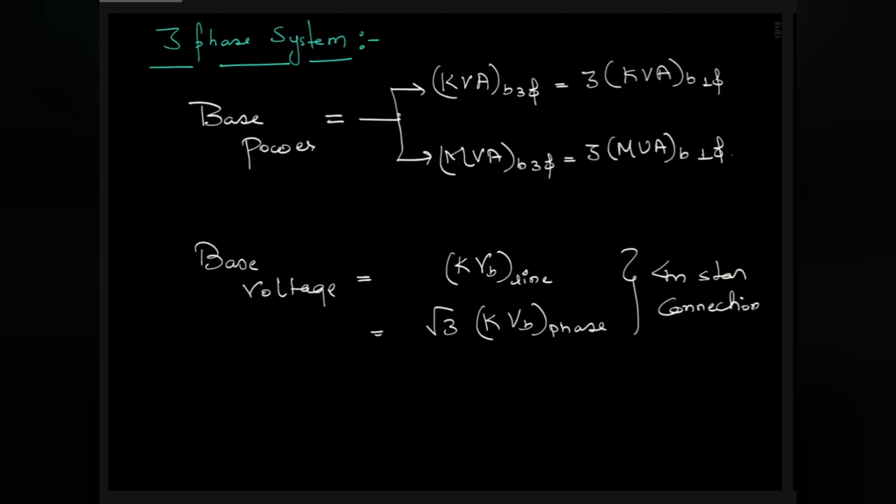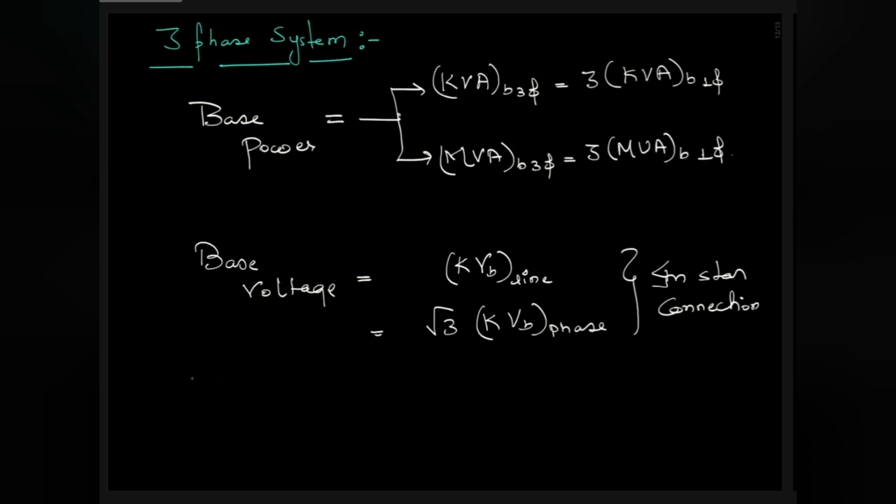Basically we use star connection because the problem in delta connection is circulating current, and because of circulating harmonic components it can produce heat. So generally we take this star connection.